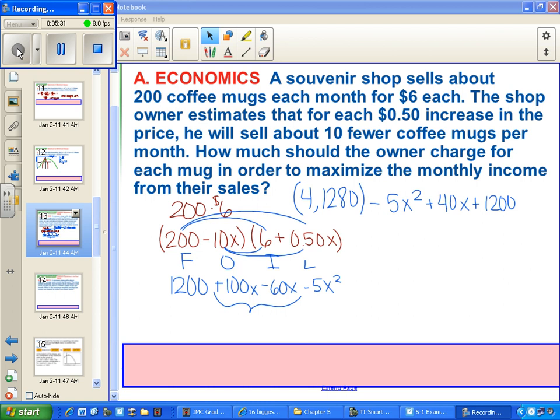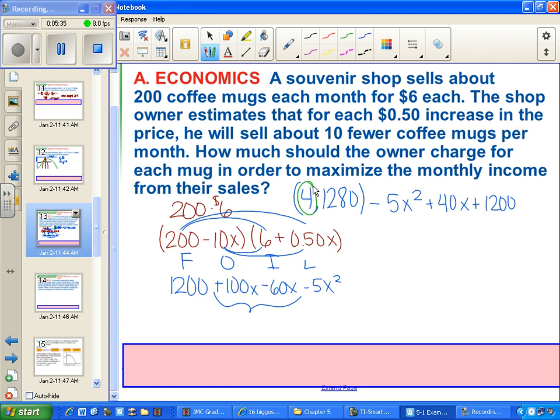So what this tells us is that we should raise the price by 4 increments, and we will end up having an income of $1280. So what would the price be set at if we did 4 50-cent increments onto it? Well, that would be like adding another $2 onto it. So the total price would be $8 per cup of coffee is what we would like to charge.